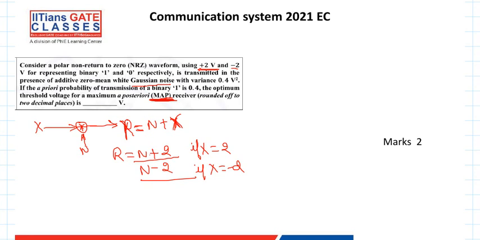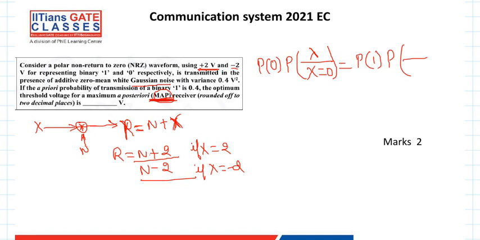Now to find out the threshold, we use one formula. We have the probability of sending symbol 0 and whatever we received, and the probability of sending 1 and whatever we received here.